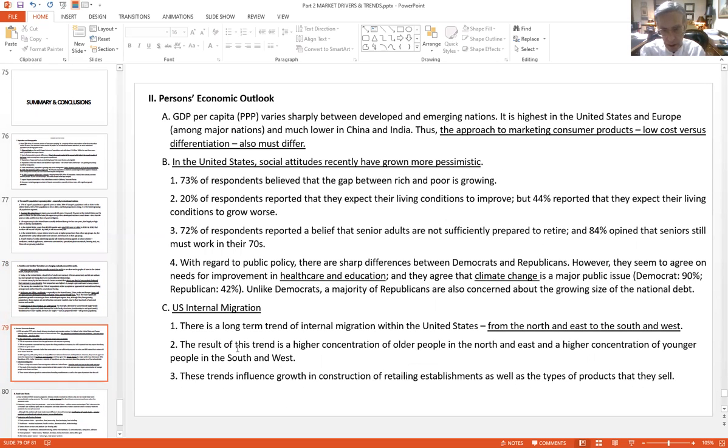Okay, how about people's individual economic conditions? How are those changing?